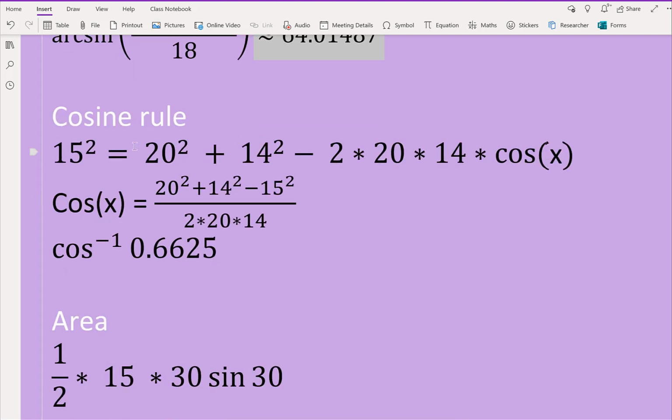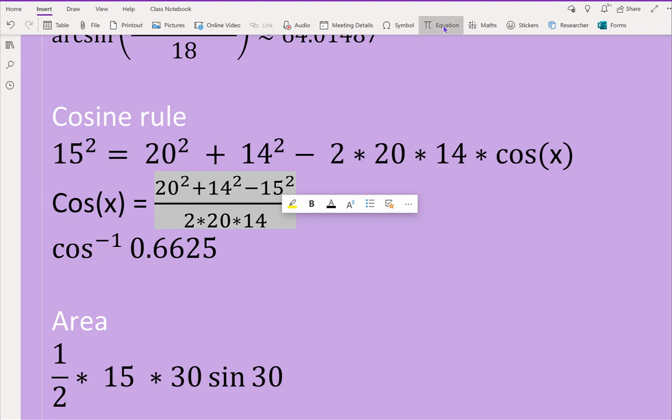So here's another example. I have an expression with an unknown variable x. So what I do, if I want to find angle x, I will rearrange the expression. So this is for cos x.